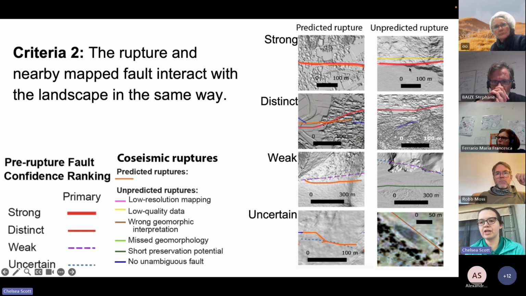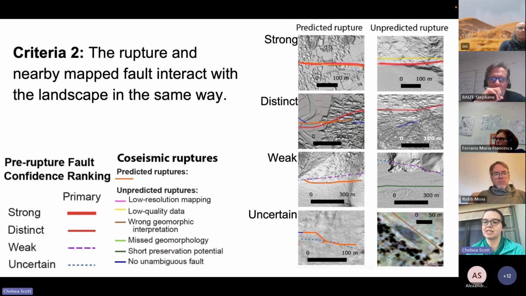And on the right, you can see an unpredicted rupture. We have still the fault in red and the unpredicted rupture in yellow. In this case, the fault is at the base of the hill slope and the rupture is a little bit upslope. Because the fault was mapped as strong and these two linear features interact with the landscape in a different way, being at the base and upslope, we determined that in this case the rupture was unpredicted.